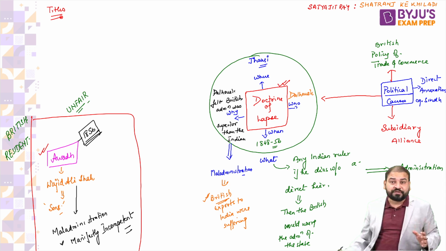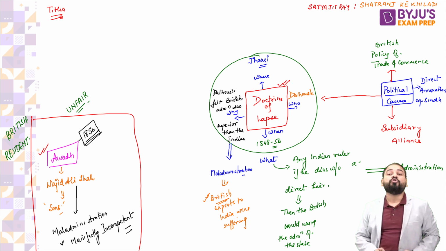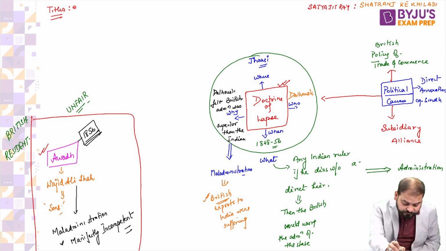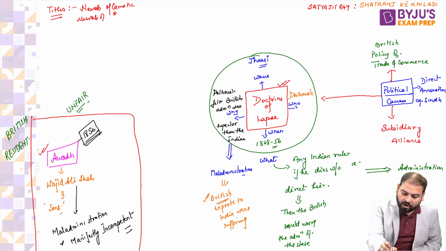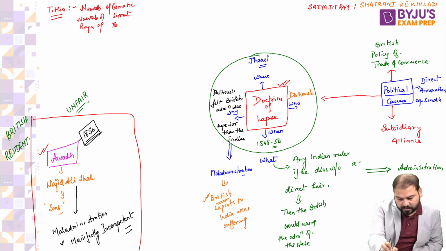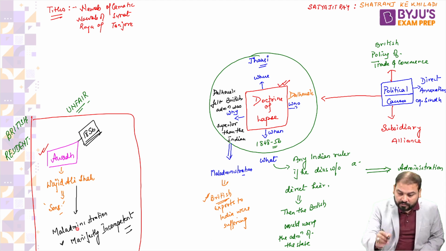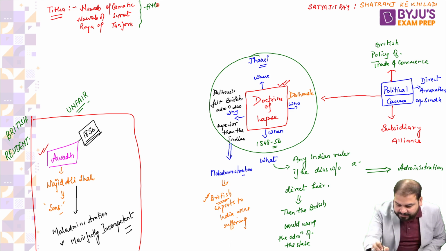So the Britishers, that is Dalhousie, decided no more titles like this. So, for example, the Nawab of Karnataka, Nawab of Surat, Raja of Tanjore, all of you, their titles were cancelled.